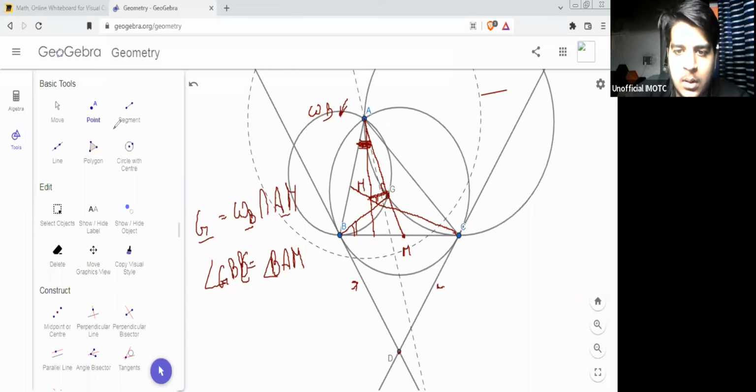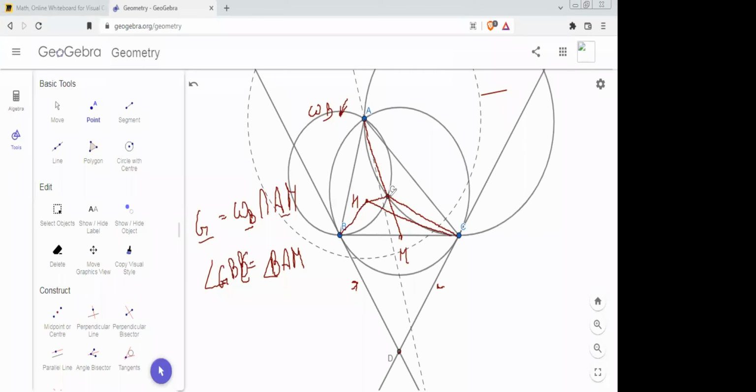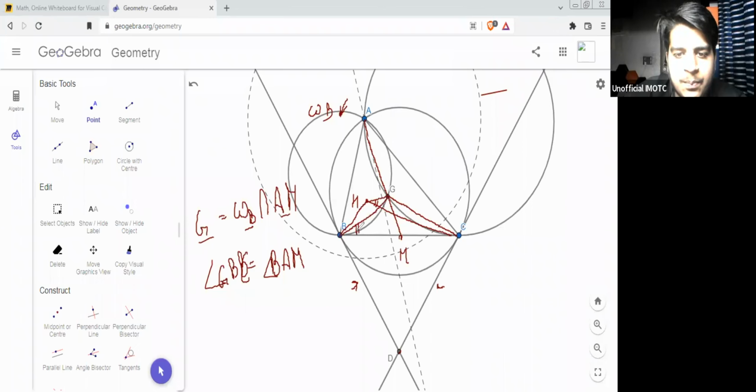Oh, I think we can do it in a better way. So, let's say G is our HM point. This is our orthocenter. Then we have that BHGC is cyclic, right? Yeah. So this angle is equal to this angle, right?